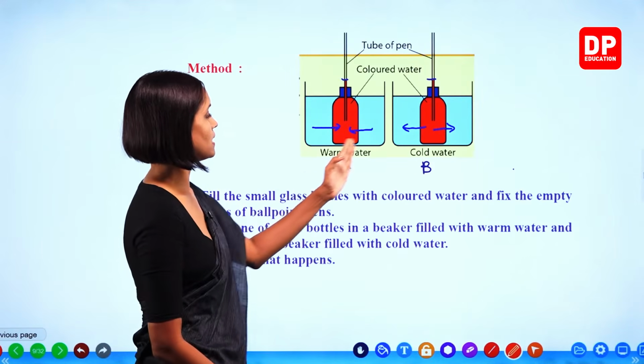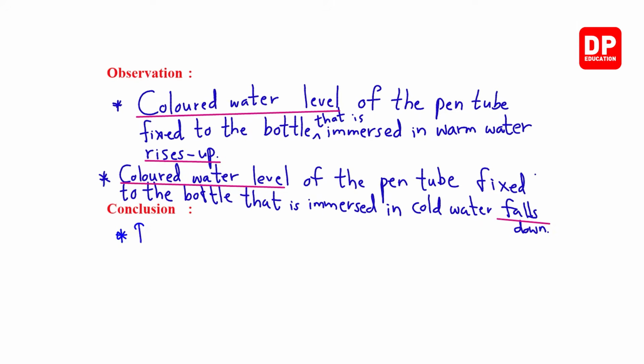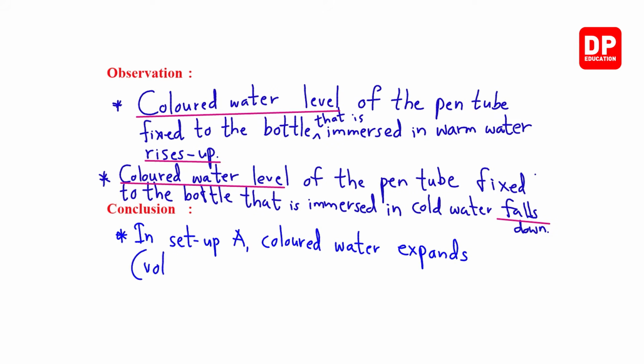Here I label them as A and B. In setup A, colored water expands, which means volume increases, due to absorption of heat.